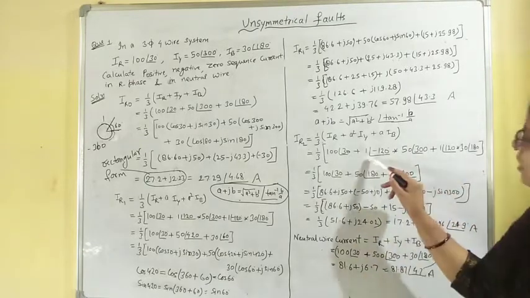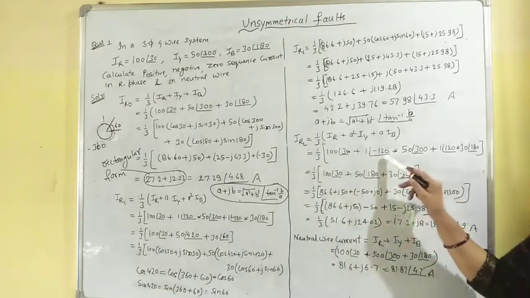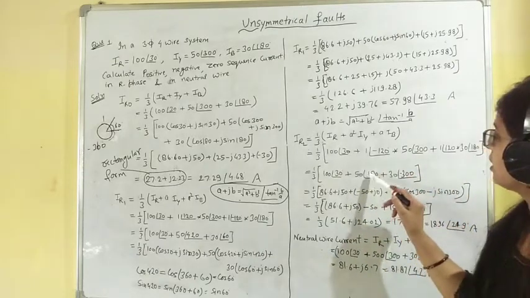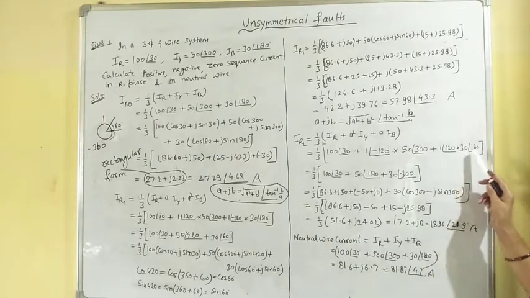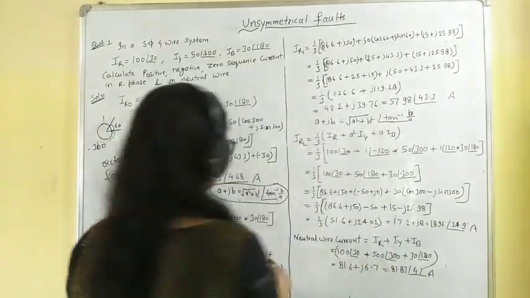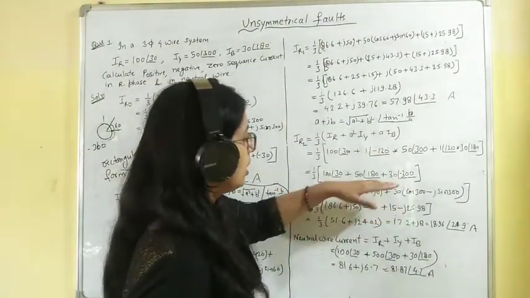Then again multiply the magnitudes, that is 50, and add the angle values. Now we get 50 angle 180 degree, and this will again be 420, and 420 can be written as minus 300 degree.